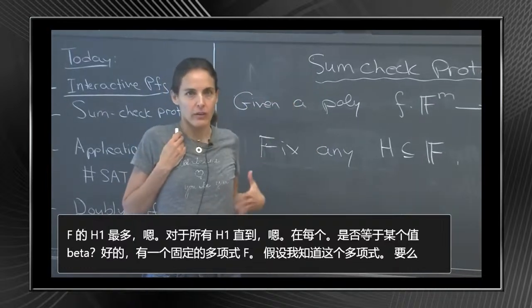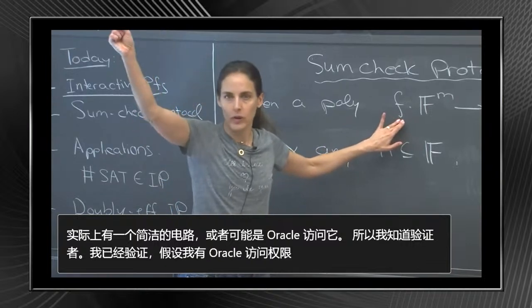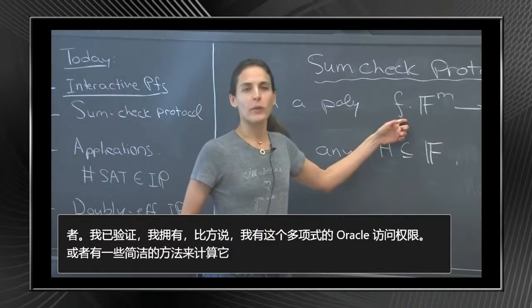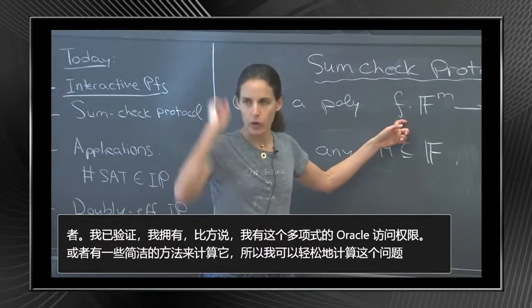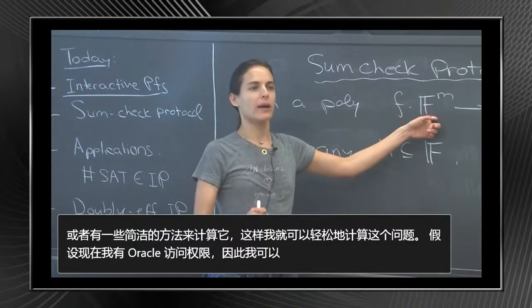So I'm a verifier. Let's say I have oracle access to this polynomial, or there's some succinct way to compute it, so I can compute this polynomial easily. Let's think for now that I have oracle access to it, so I can query it at some point and get back an answer.